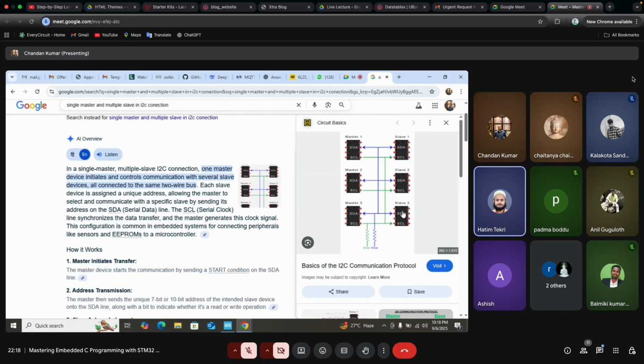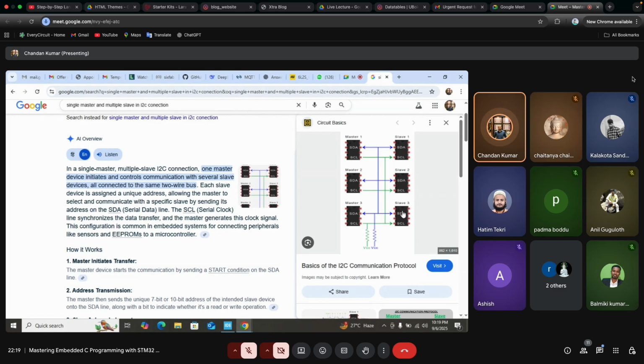Chandan, just one question: how does the master tell the clock pin that you have to communicate with slave 2? We will write the code for that. Like we are the coders, right? Now I want that my IC1 should communicate with IC3. So what I will do?